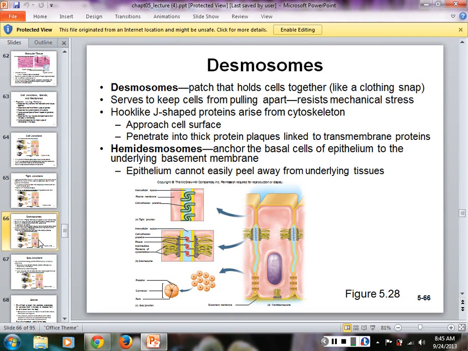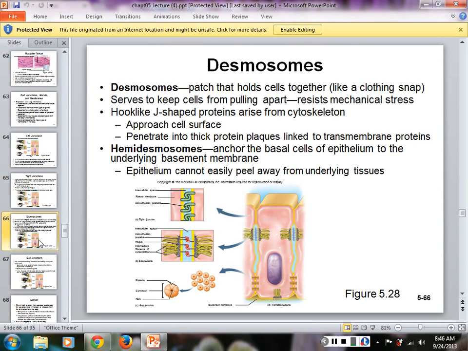I'm going to mention desmosomes for you because it is mentioned when we talk about your integumentary system. Desmosomes are really like junctions that hold the skin together, okay? That's why when you have a sunburn and you start shedding that skin, it comes out in little sheets, like you can peel it off, because the desmosomes are actually holding those keratinocytes together.